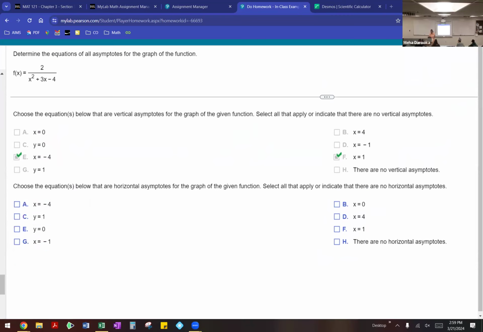So horizontal, look at the expression here. You have 2 on the top and x squared plus 3x minus 4 on the bottom, right? So we have just a constant term on the top and all my x's are on the bottom. So remember, this is where your horizontal asymptote, you don't really even have to do a calculation, is always going to be at 0.